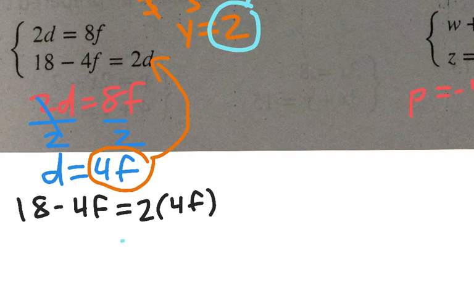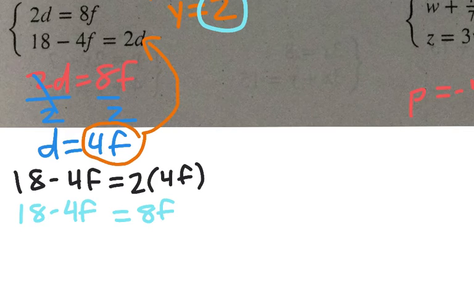Now, 2 times 4f, that would be 8f. And now I've got variables on both sides. I have an f on the left and an f on the right. So I need to choose to eliminate one of those. So I would get rid of the negative 4f.